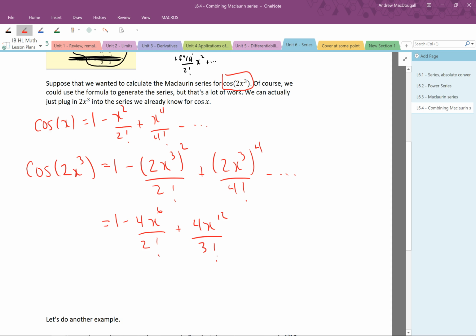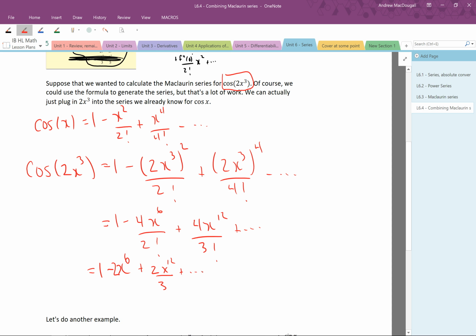And you could keep going if you liked. And you know what? Let's simplify this a little. 1 minus 2x to the 6, plus 4 divided by 3 factorial, as there's a 2 in there, so it's 2x to the 12 over 3, and so on.